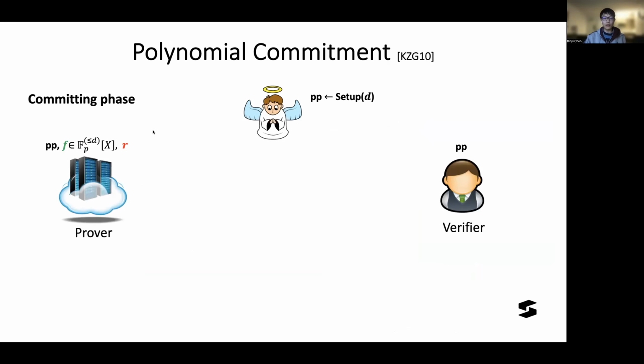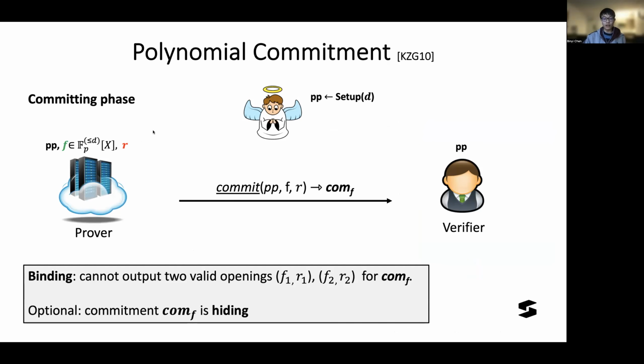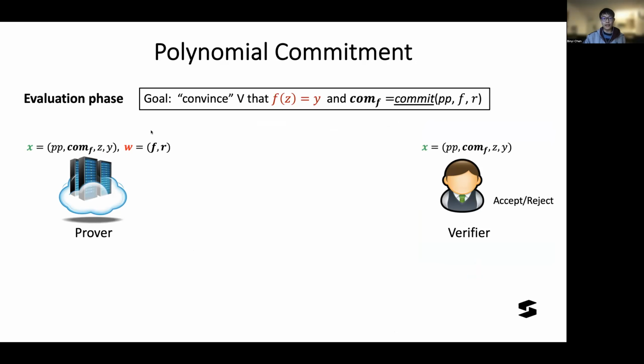Given a polynomial with some bounded degree, the prover can commit to it with a bit string whose length is independent of the degree, which is very short, and required to be binding, meaning that the prover cannot open this commitment to different polynomials with bounded degree. Another feature of a PCS is that it allows the prover to convince the verifier that a certain evaluation holds true with respect to these committed polynomials.